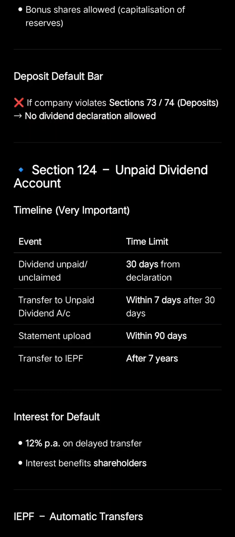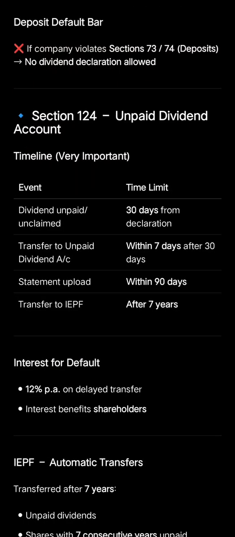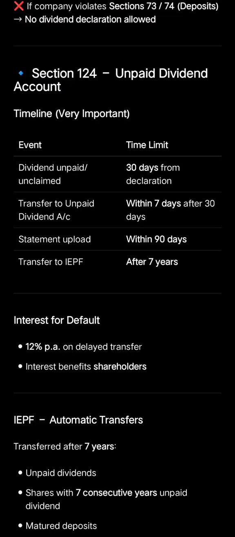Section 124, Unpaid dividend account. Timelines are very important. For dividend unpaid or unclaimed, the time limit is 30 days from the declaration. Within 7 days after that 30 days, it should be transferred to the unpaid dividend account.